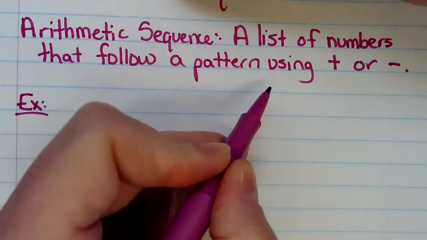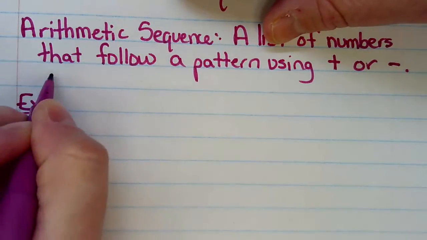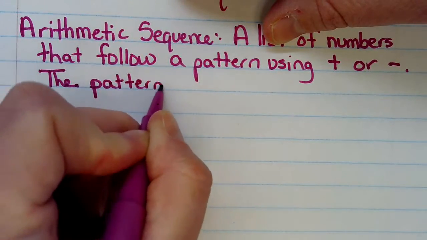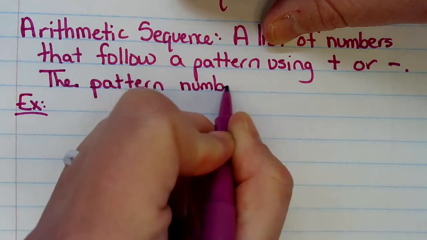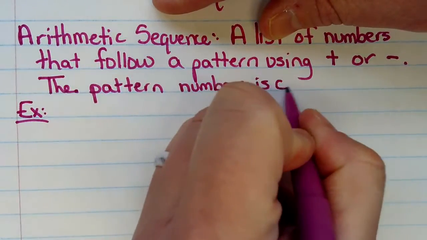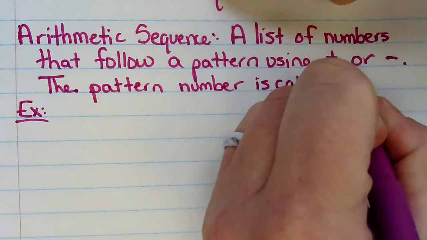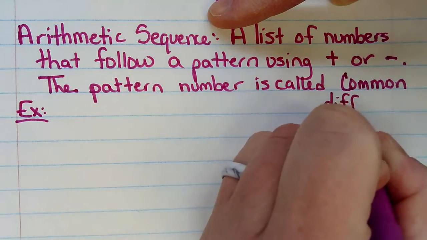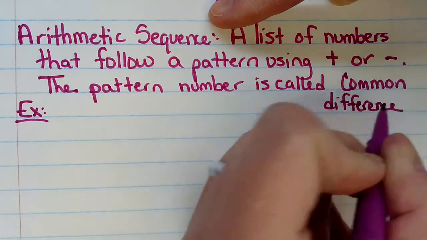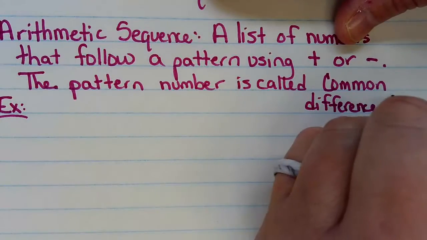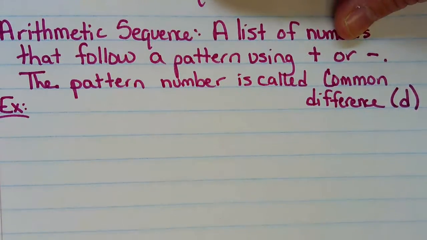So if you have an arithmetic sequence and you have the pattern, whatever you're adding or subtracting by is called the common difference. And I hate that they say difference, because then you're going to think that it always has to be subtraction, but it's not. So it's the common difference, whatever number, and they use the letter D for that, for difference.